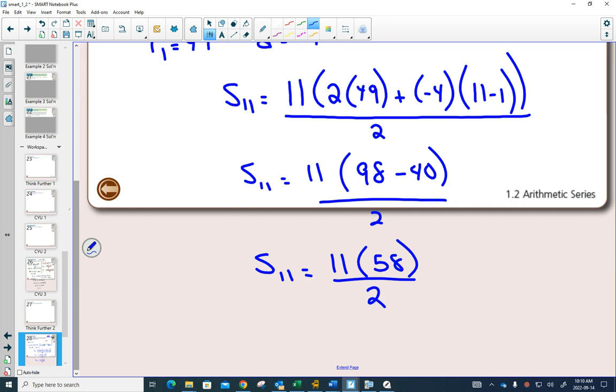58. Now, when doing mental math, you could at this point decide to do 11 times 58 first and then divide it by 2. However, when you can divide first, your numbers are smaller. So if I take 58, which divides nicely by 2, I would get 29.